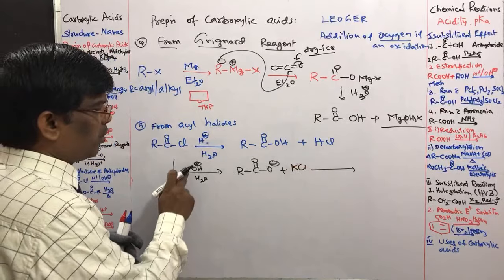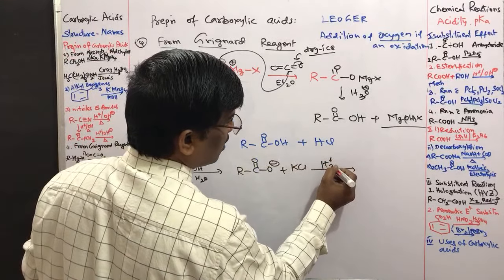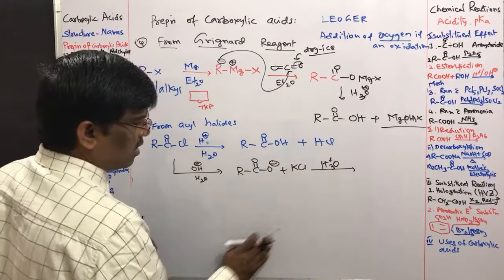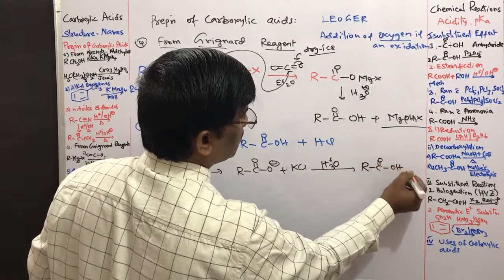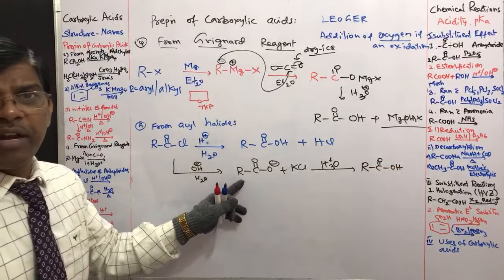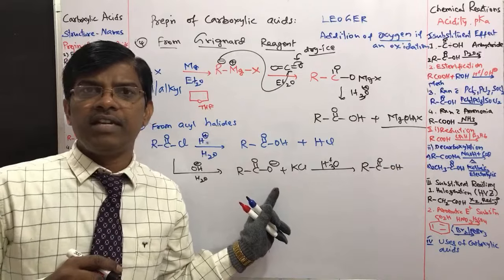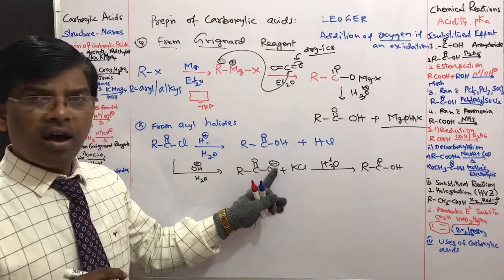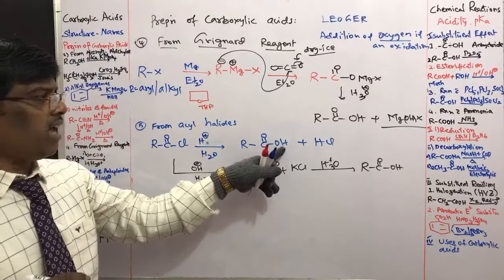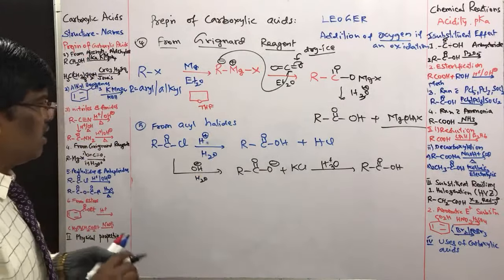Let us take potassium hydroxide. Now I have to do acid hydrolysis again with H3O plus to get the acid. I am writing this intermediate because sometimes it is given as the intermediate itself. So you get the anion, RCOO minus, instead of the direct acid when I use base. That is why I am writing it, students.